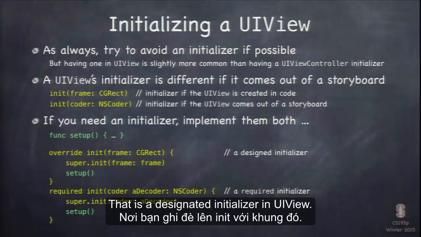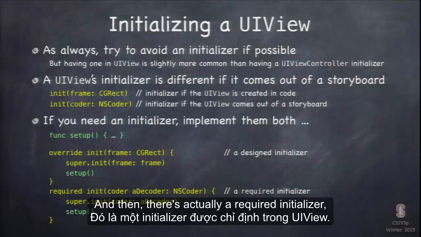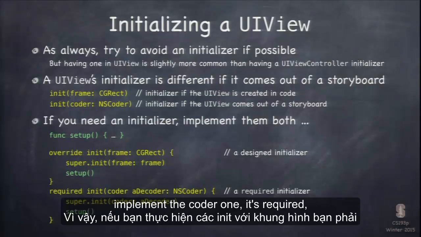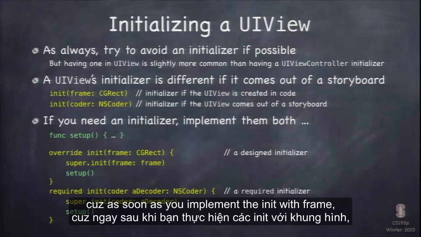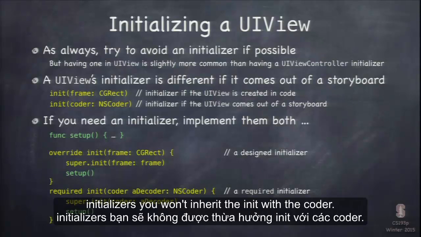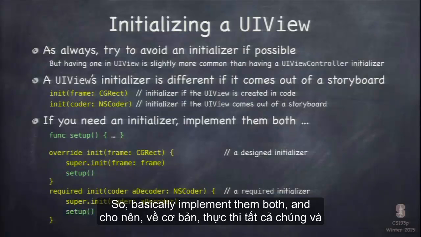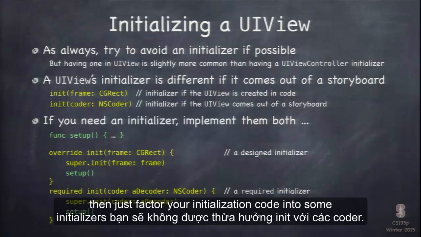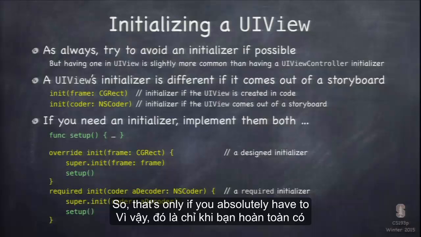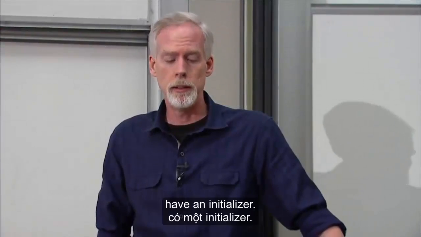That is a designated initializer in UIView. And then there's actually a required initializer, which is the decoder one. So if you implement the init with frame, you have to implement the coder one, it's required. Because as soon as you implement the init with frame, you'll no longer inherit all of your designated initializers. You won't inherit the init with coder. So basically implement them both and then just factor out your initialization code into some setup method or something and call that. Okay? So that's only if you absolutely have to have an initializer.